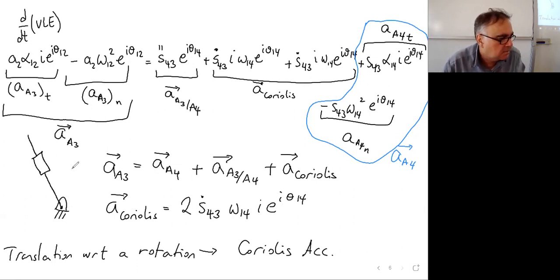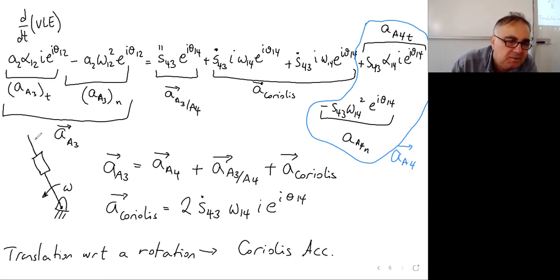Okay. So this is rotating with, let's say, omega, and this is moving with relative velocity of v with respect to this. So the slider is moving with the relative velocity of v.